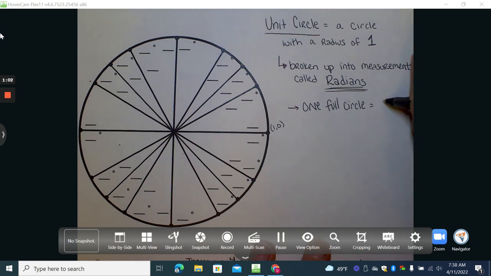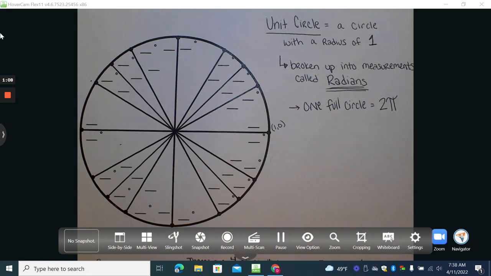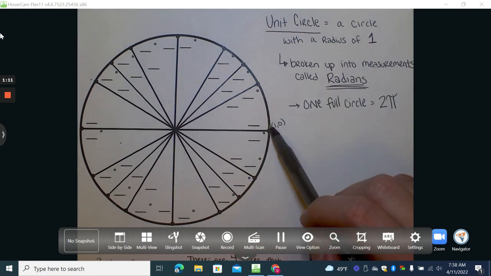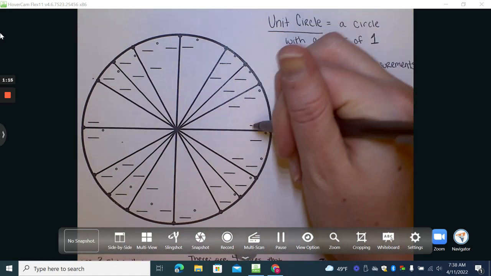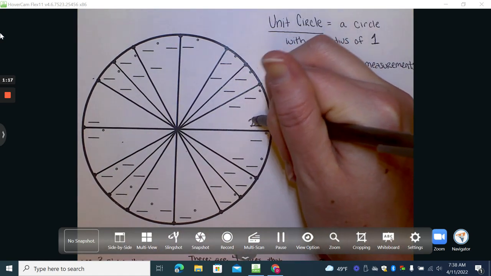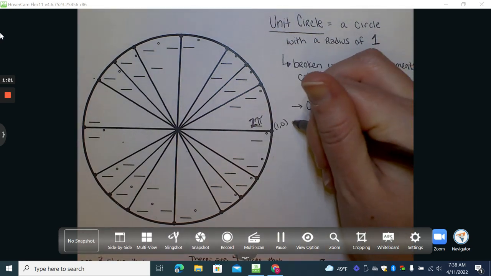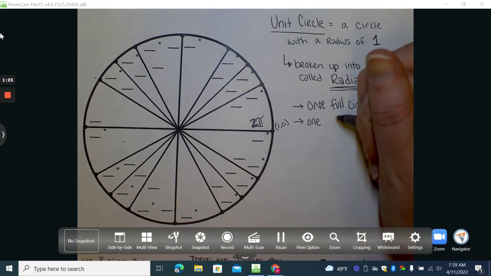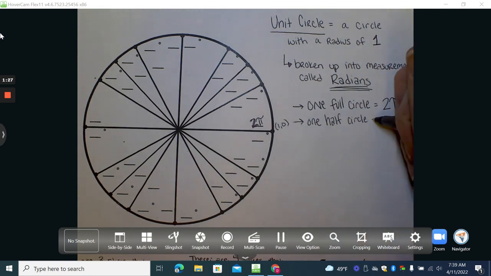Essentially, in a unit circle, one full circle is equal to 2 pi. We're going to use pi a lot. Radians are using the measurement of pi. So when I go all the way around this circle, I come to 2 pi. Half a circle is then just pi.